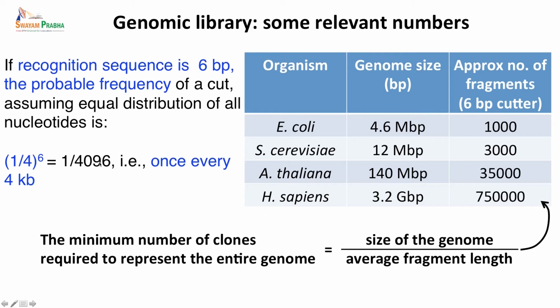This kind of calculation assumes that all the 4 bases have an equal distribution in the genome.